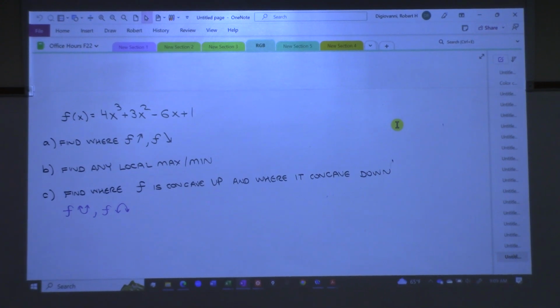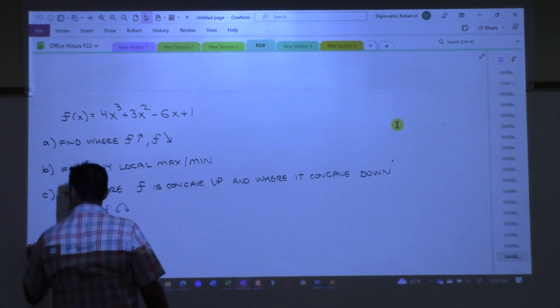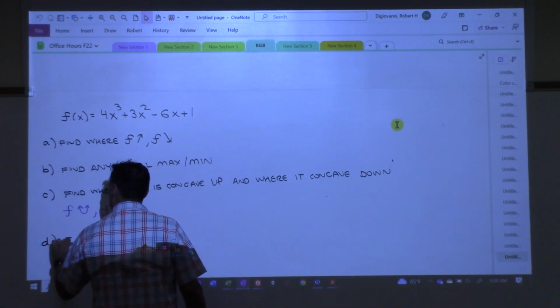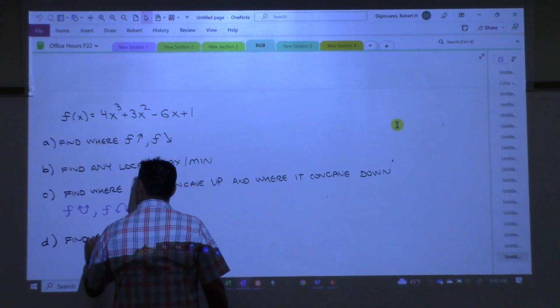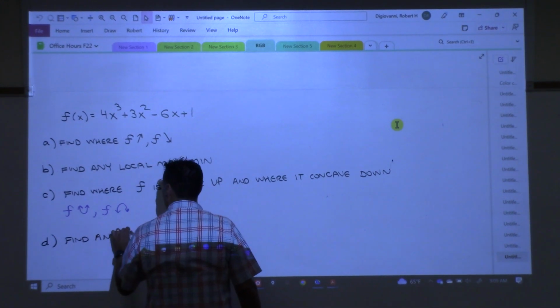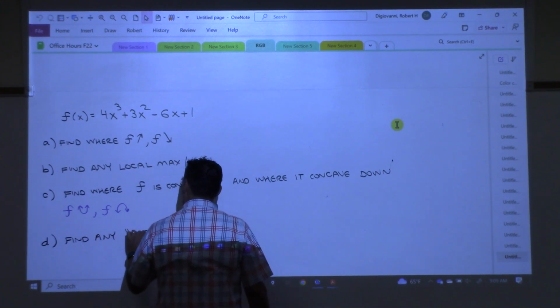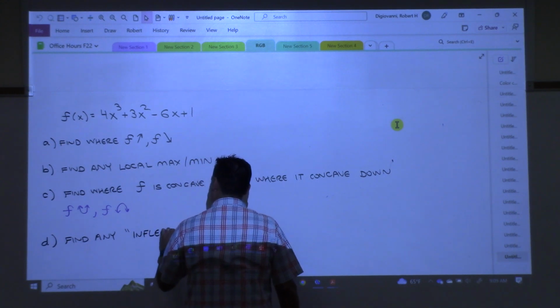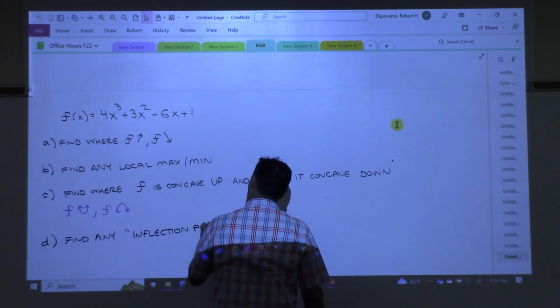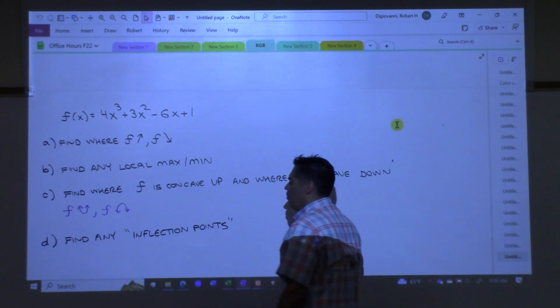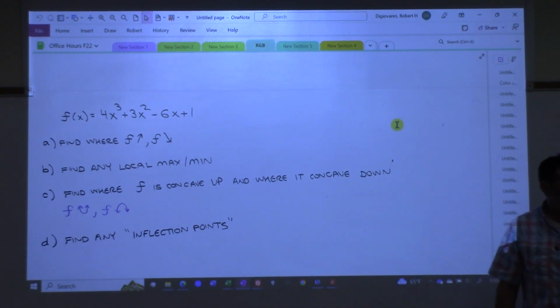Okay, let's see, what next? Part D. Find any, now I haven't even used this word before, so I'm going to have to define it for you. Find any inflection points. So what are inflection points, right? I haven't defined what they are.